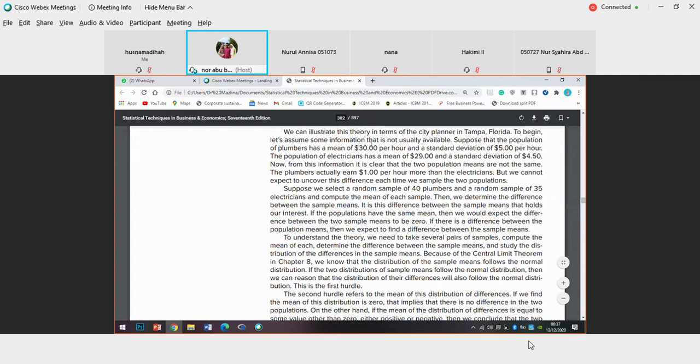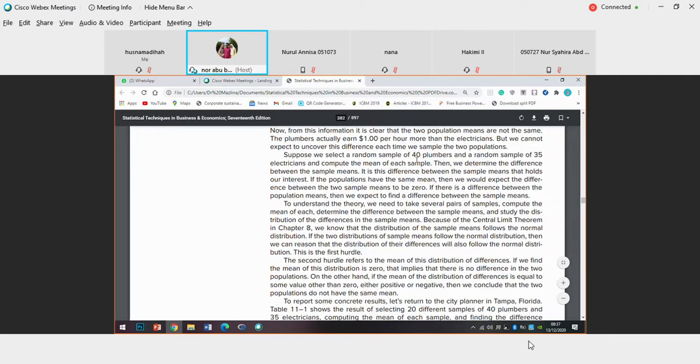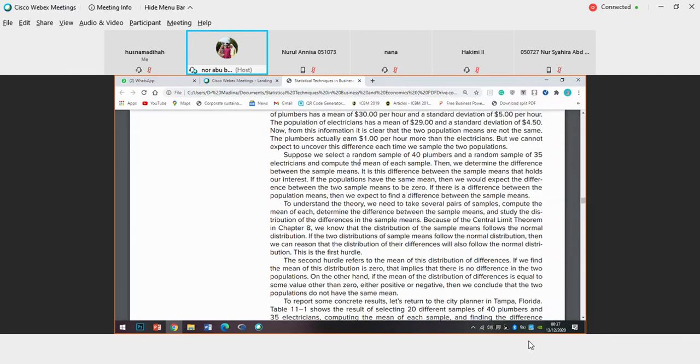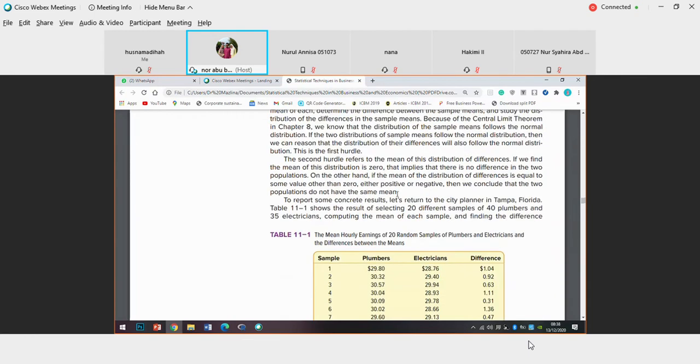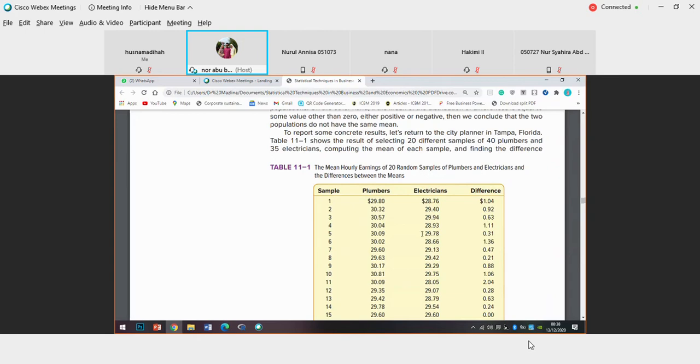Kalau awak tengok kat sini, standard deviation agak dekat, dan ini pun agak dekat. So ada perbezaan tak? So now we select a random sample of 40 plumbers and sample of 35 electricians. Kenapa dalam ni ada 20 saja?